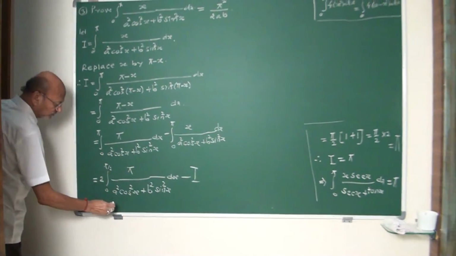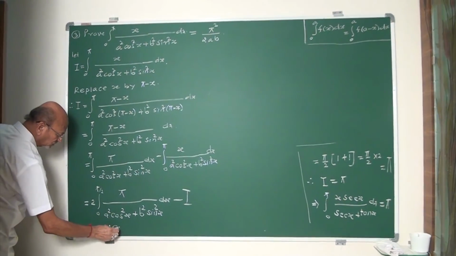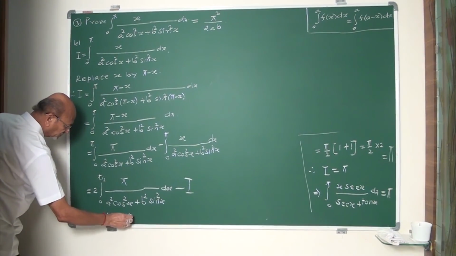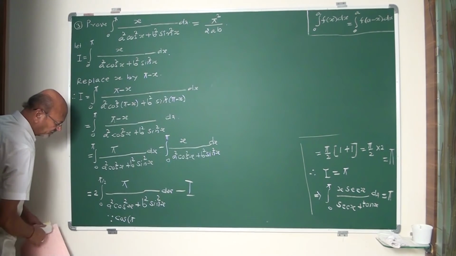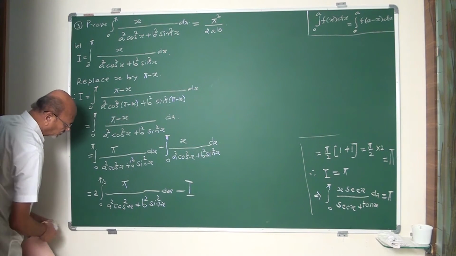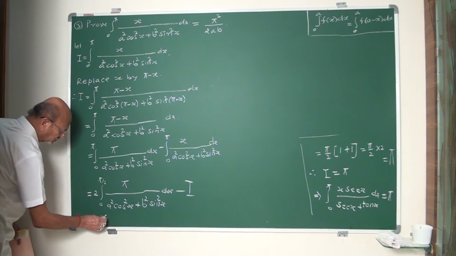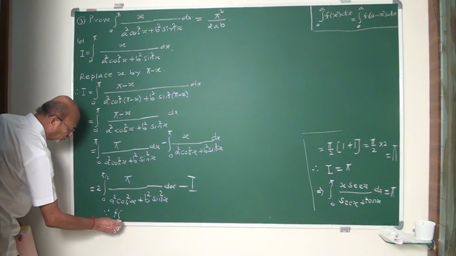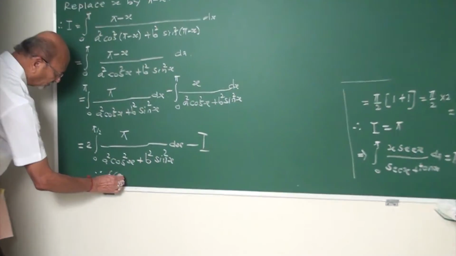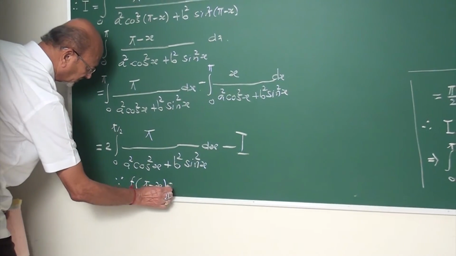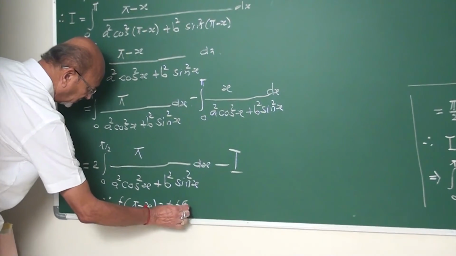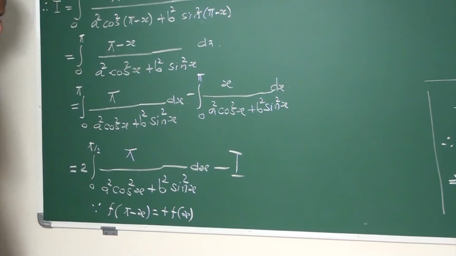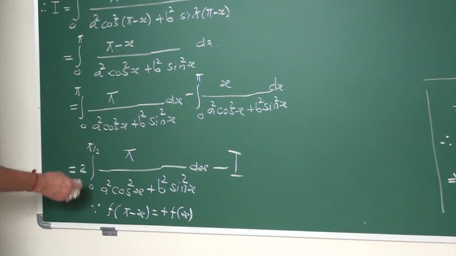Then, because of what? Here, cos pi minus x is same. In this case f of 2a minus x, meaning f of pi minus x, is plus fx. If it is plus fx, then this is 2 times 0 to pi by 2.